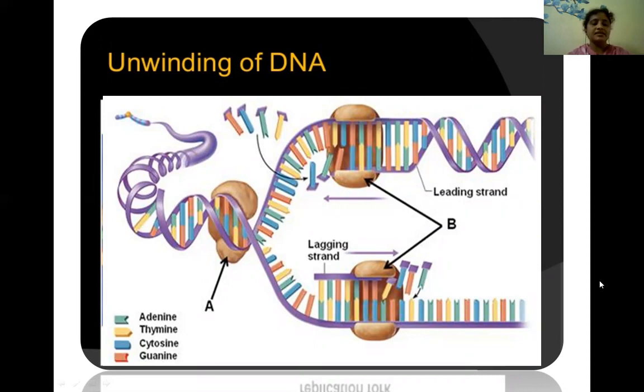DNA primase, which is indicated as DNA G, then binds to the DNA and forms the primosome complex with the DNA helicase, which is indicated as DNA B. The primosome initiates the primer formation for the leading strand synthesis.